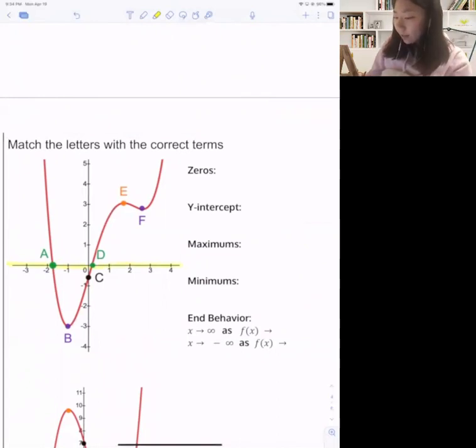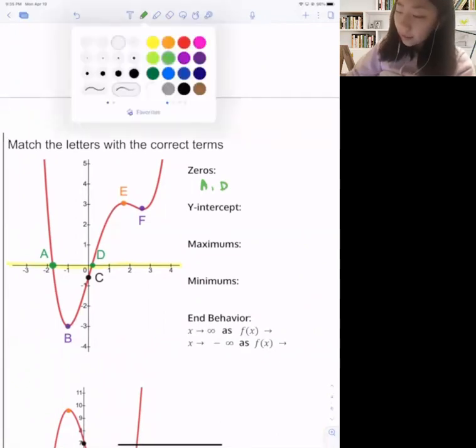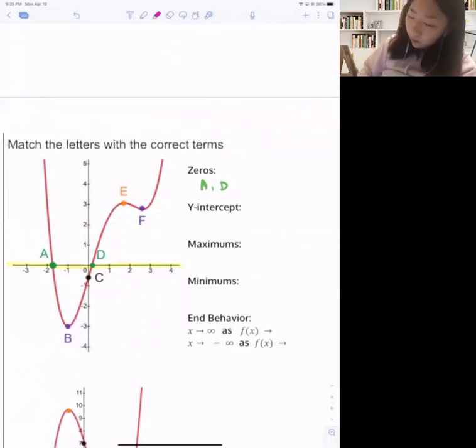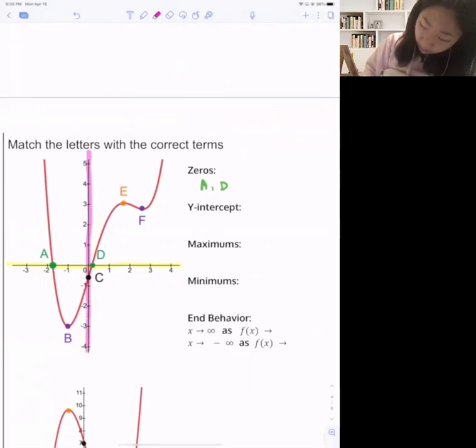I see at A and D the function touches the x-intercept. The y-intercept, on the other hand, is the other way around. It's when x equals 0, and we're solely looking at where our function is touching the y-axis.